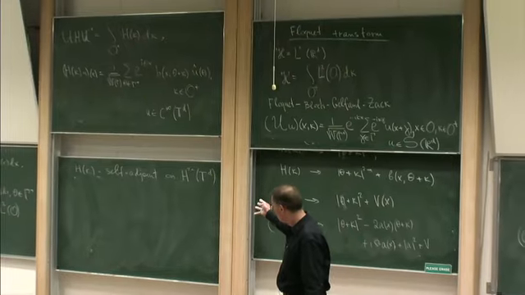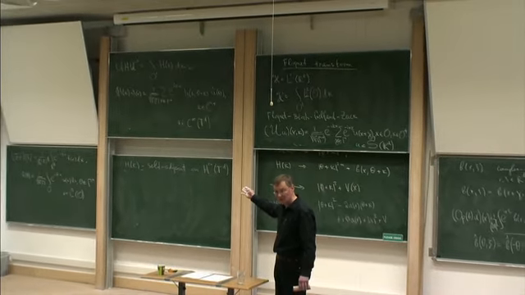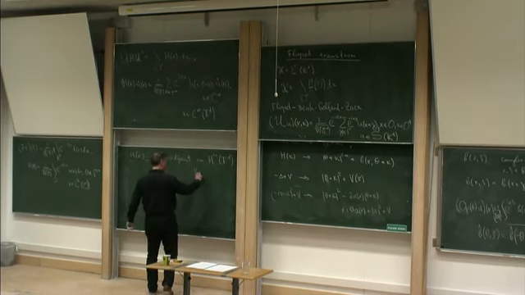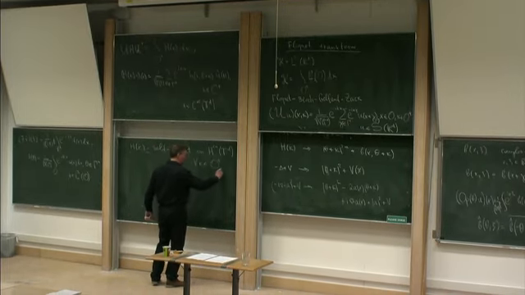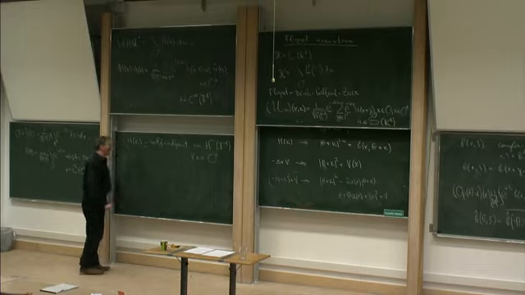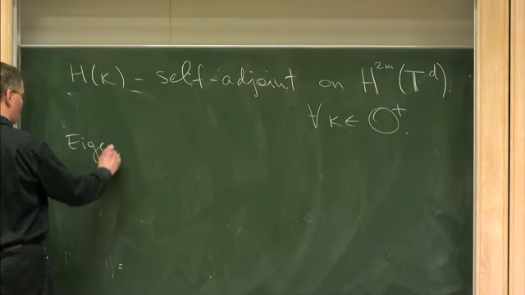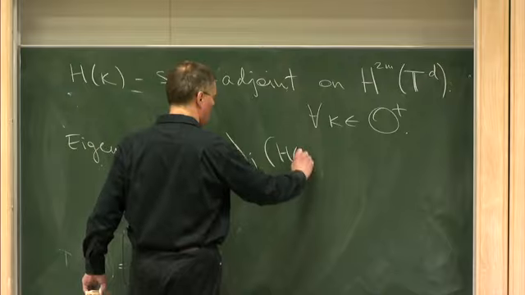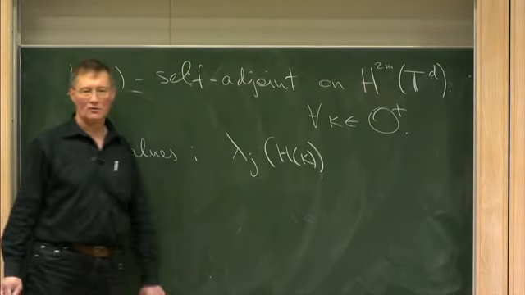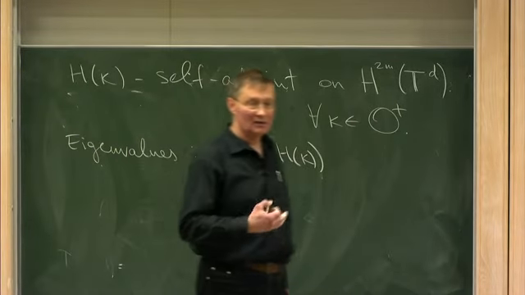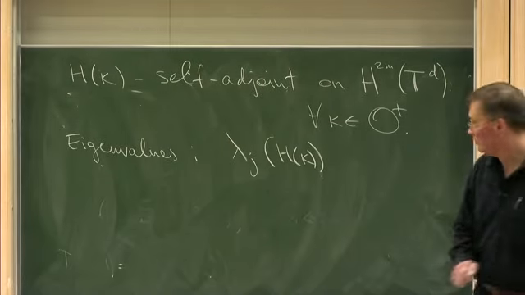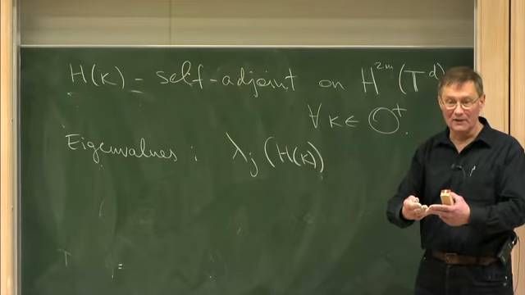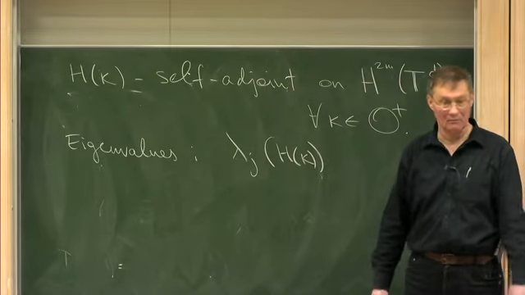So the domain is the same for all operators h of k. It is just H2m, for all k. Convenient. And then eigenvalues, we denote them in the standard way. These are eigenvalues of h of k. They are labeled in ascending order. That is important. And of course we count multiplicity. So eigenvalues can coincide, but they will still be counted as two different ones.